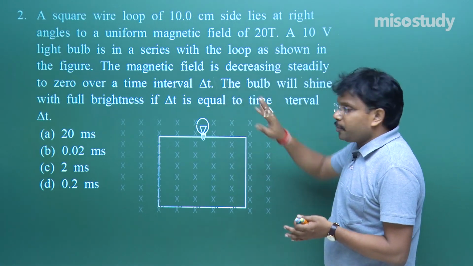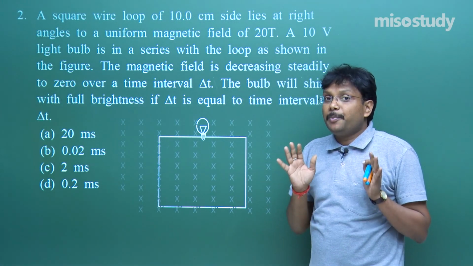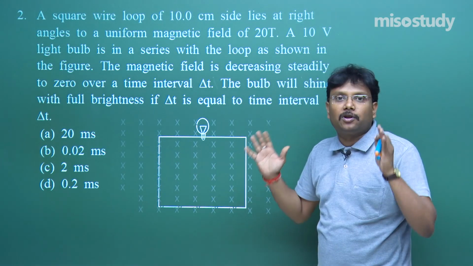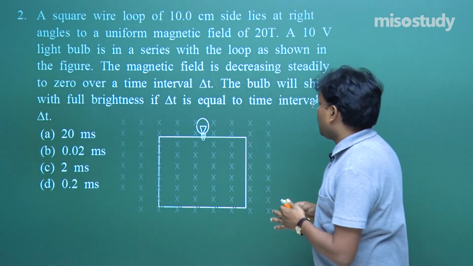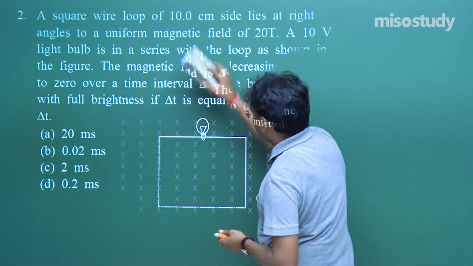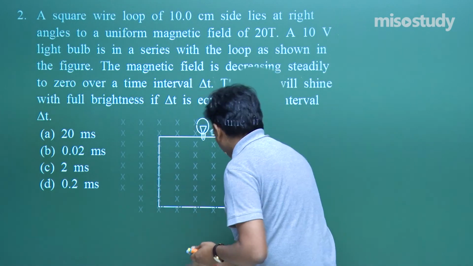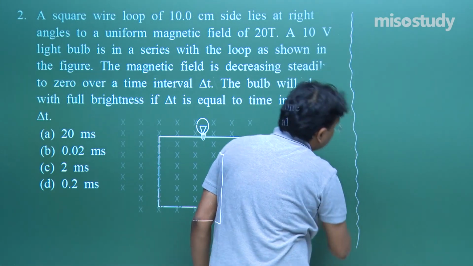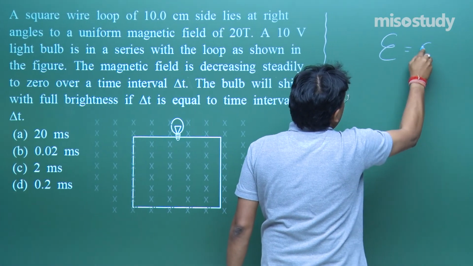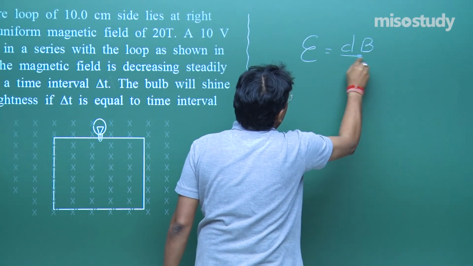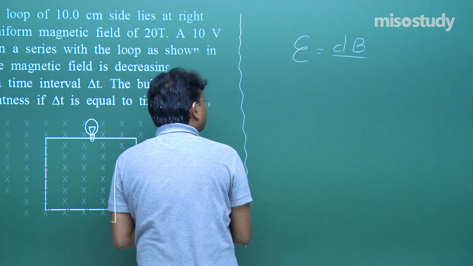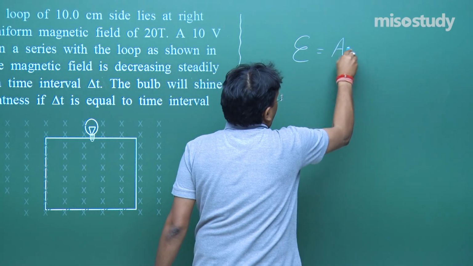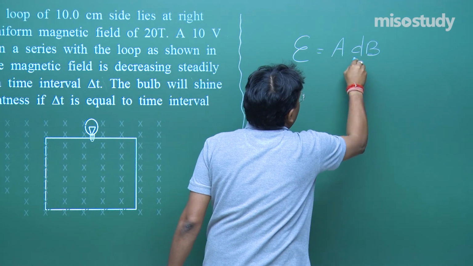This particular question is nothing but based upon the formula which just 2 minutes back I explained for the first question. So, let me write all these formulae once again for the solution of this problem. EMF equals A dB by dt.